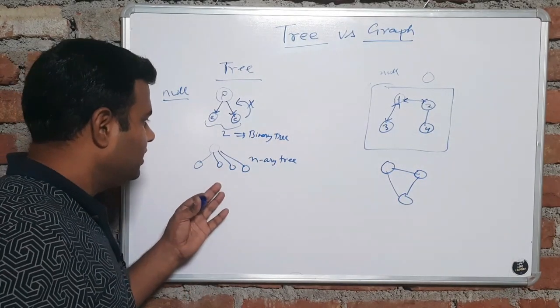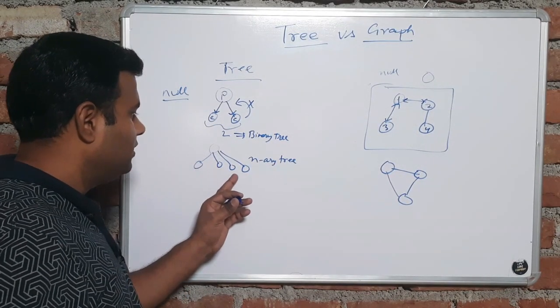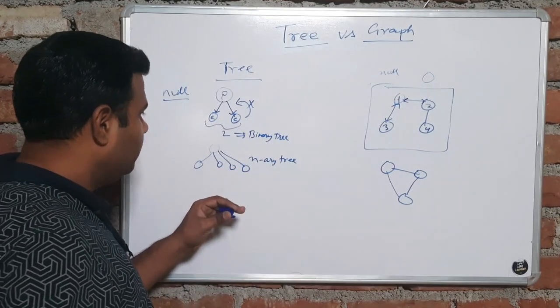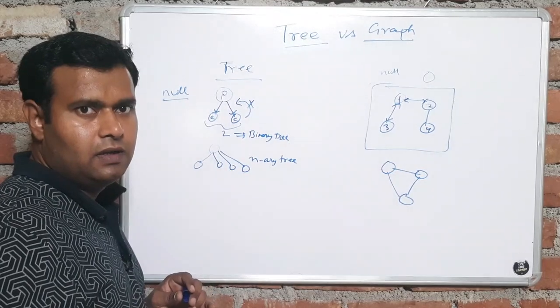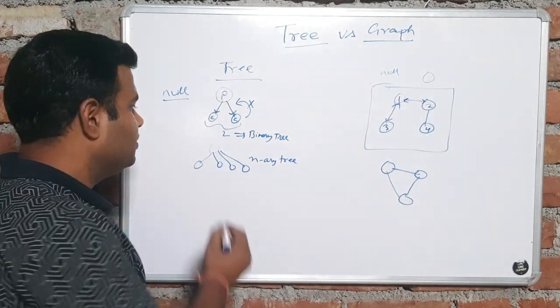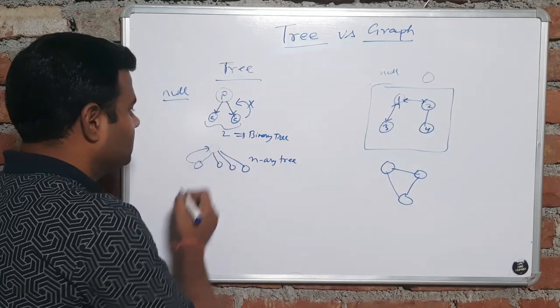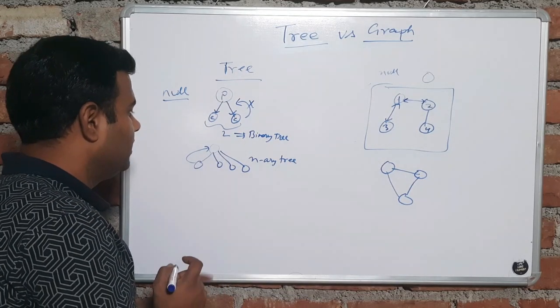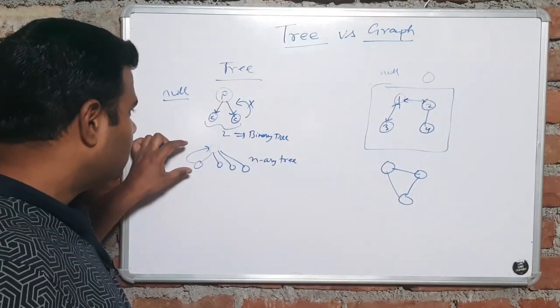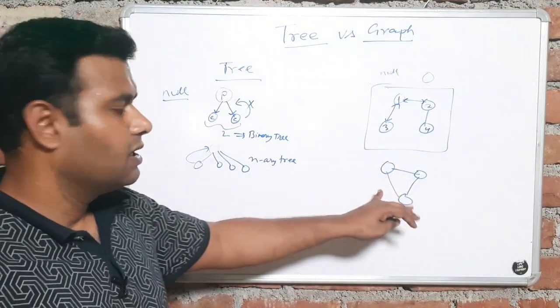Even in an n-ary tree, you can reach from parent to child, and to its further child, but it cannot move to parents. Though there are special types of tree which can have the parent pointer, right? But those are a modified kind of tree. It does not come in the category of graphs.